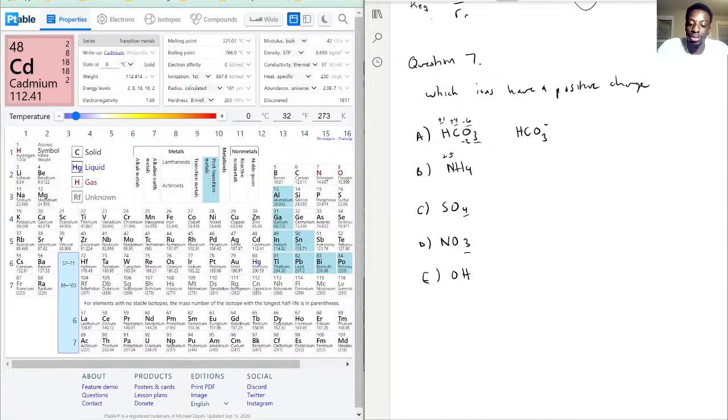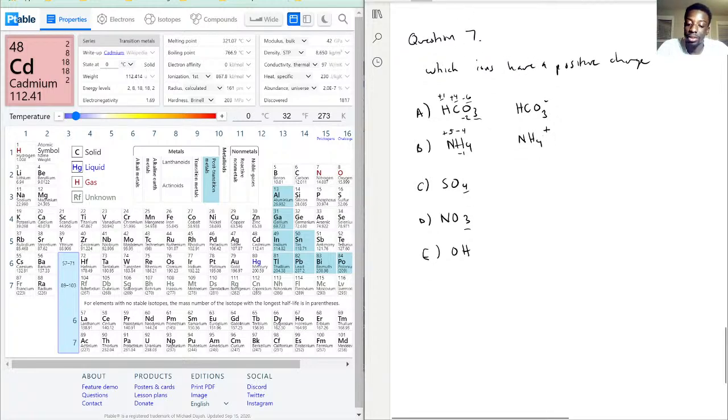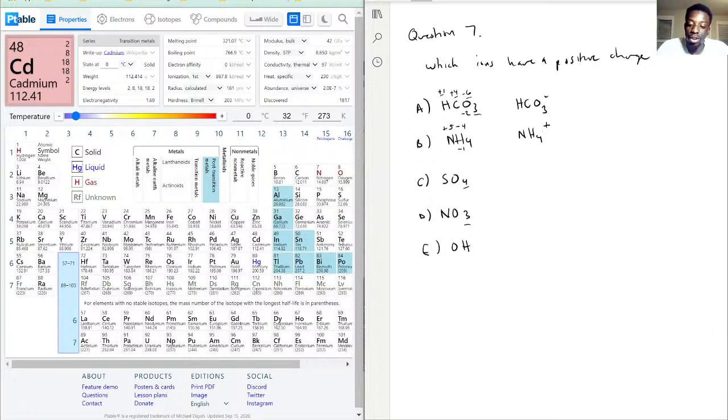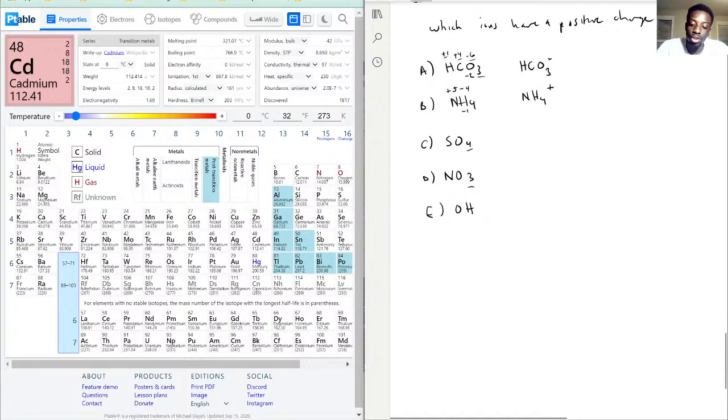So hydrogen likes to, in this case, play the -1 team, so that's -4 here. So NH4 actually would be NH4 plus. These are some things you also have to memorize because they tell you the charge right off the bat. Sulfur can only give away 6. Remember, oxygen is -2, and there's 4 of them, so that's -8. So in this case, SO4 will be 2-.